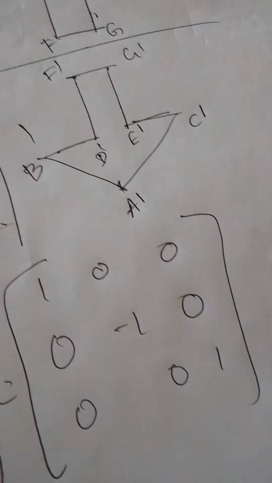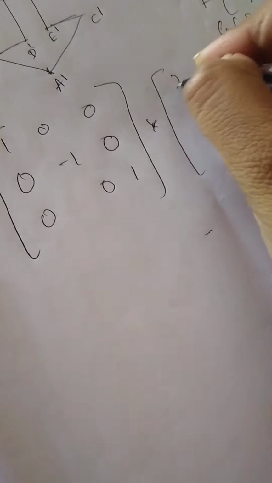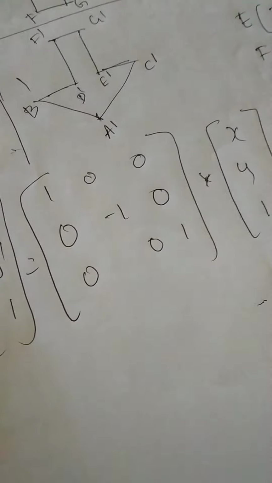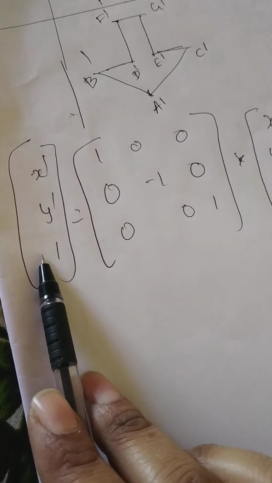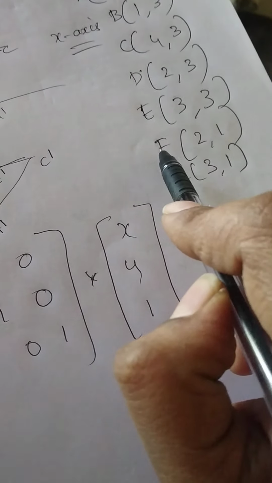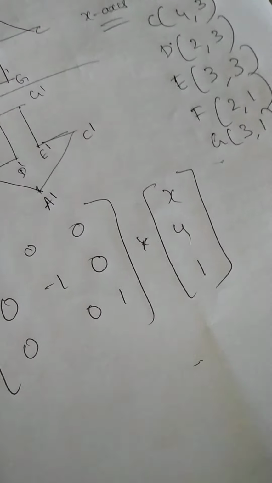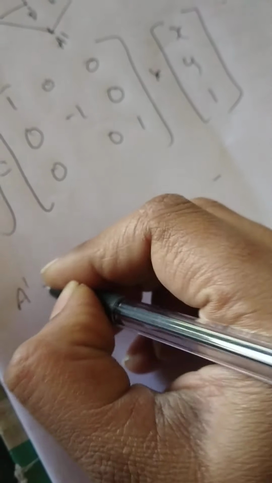I am taking a homogeneous coordinate, what I discussed yesterday, x y 1. So how many points do we need to find out here? This x dash y dash, we need to find for A dash, B dash, C dash, D dash, E dash, F dash and G dash. Now we'll see how we apply it for A dash.